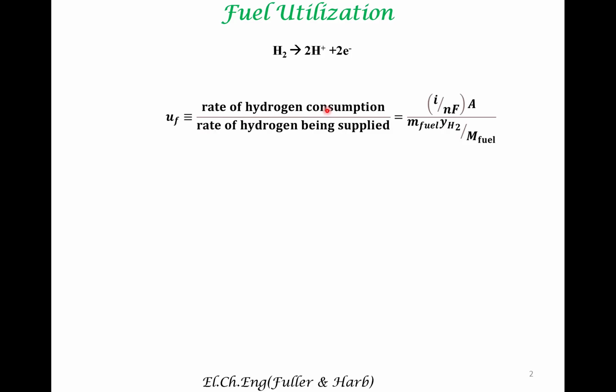The rate of hydrogen consumption is given by current density times the active area available in the fuel cell, divided by nF, where n is given by 2 based on this reaction.